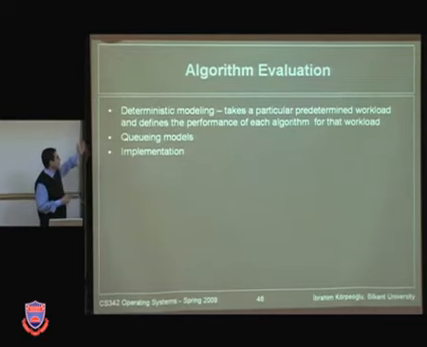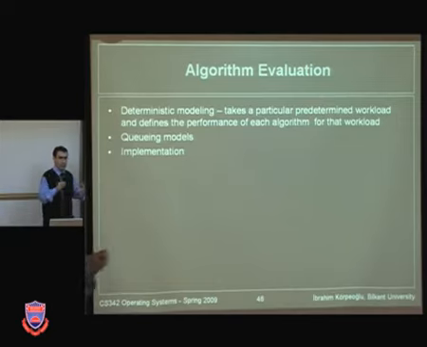One method is deterministic modeling that we have already done, right? There was a Gantt chart that we have used, given a set of processes with their CPU times and so on. In that Gantt chart, we specified, for example, the order of execution of the processes depending on the scheduling algorithm that's given.